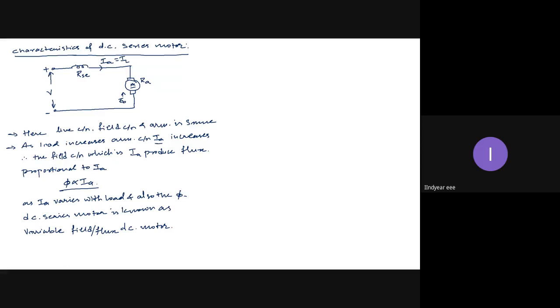Therefore, the energy transfer will not happen. You might have come across this because you studied the transformer in the previous course, and also you studied the hysteresis and eddy current losses.